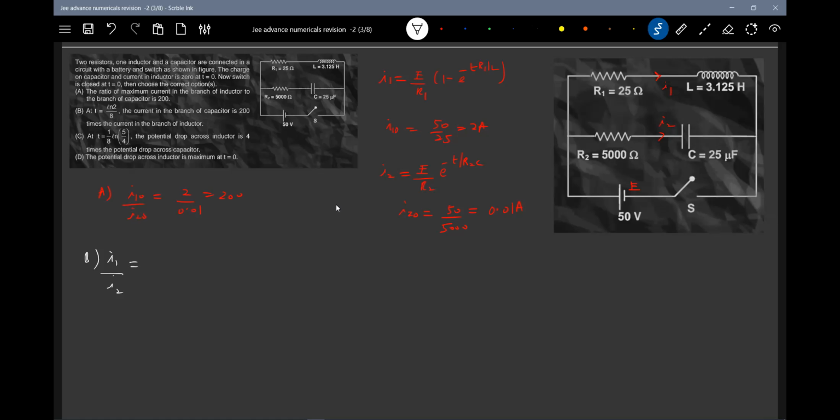I1 by I2, branch of capacitor. Okay, I2 by I1. This will be R1 by R2, e to the power of minus T by R2C.